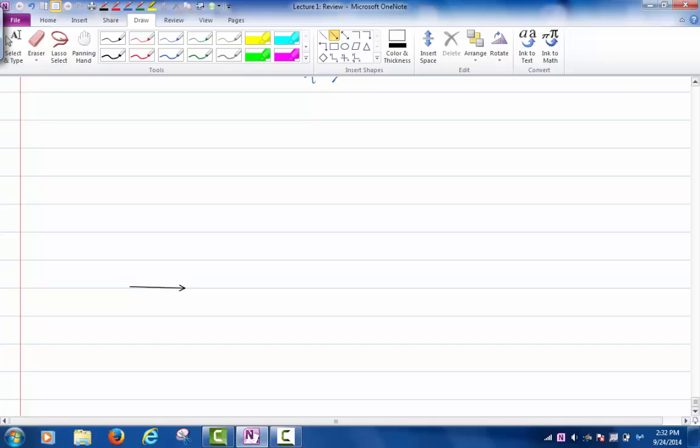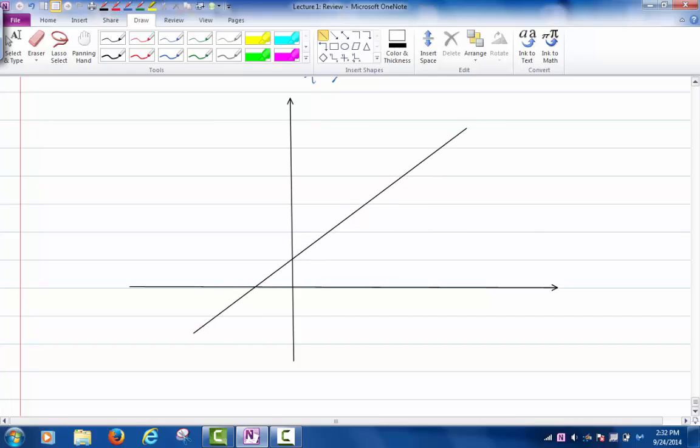Here's my x-axis. Here's the y-axis. And here is the graph of that line, let's say. And let's say this height is 2 and here is 1. Okay? So this is the graph of which function? If I have a hole there, this is the graph of my first function.